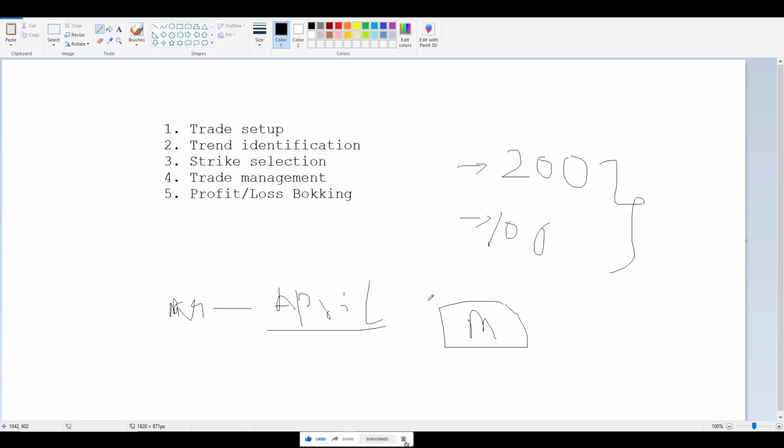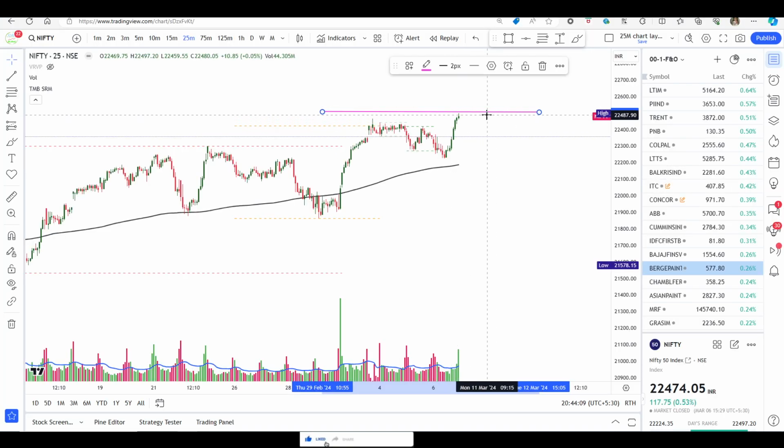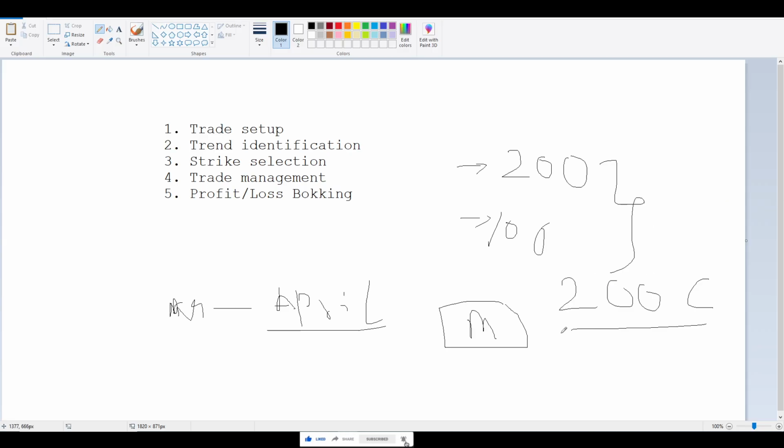Same logic. Let's take a 200 points call option you are selling, which in this case is 22,500, 200 points, and buy 22,700 or 800. Now what happened?